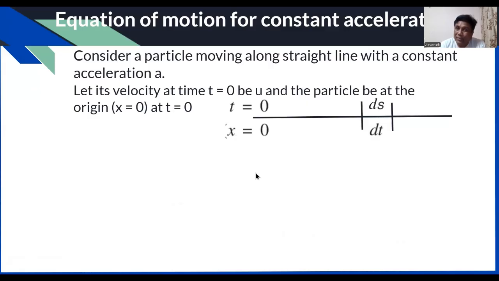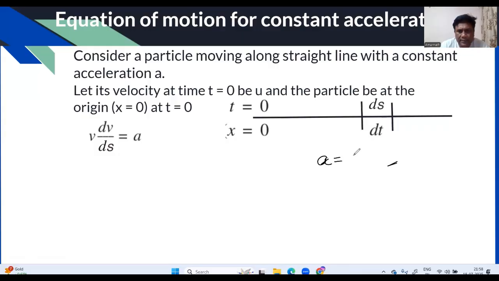This time I am going to calculate velocity as a function of displacement. Remember, we know that acceleration equals dv by dt. But this can be written as v dv ds also.